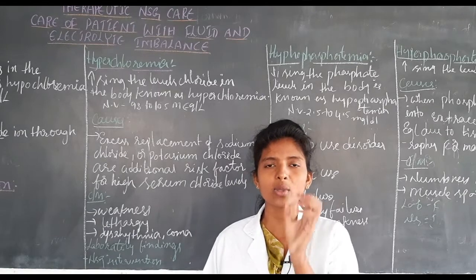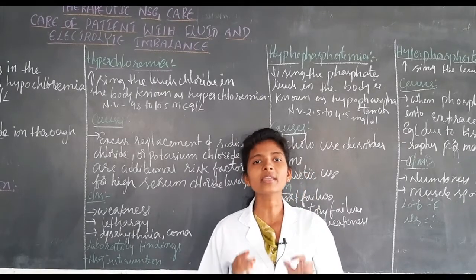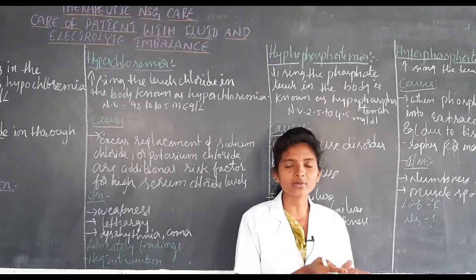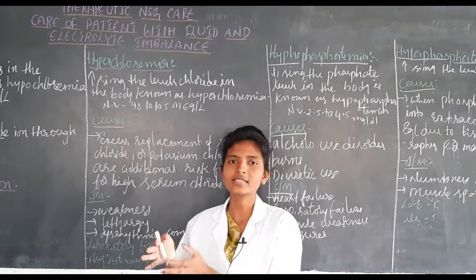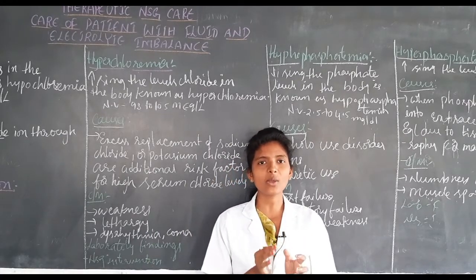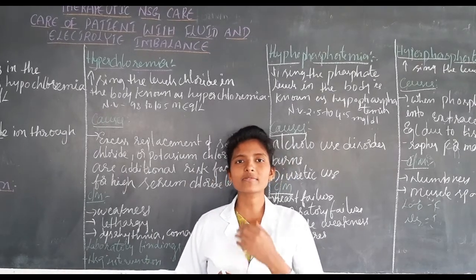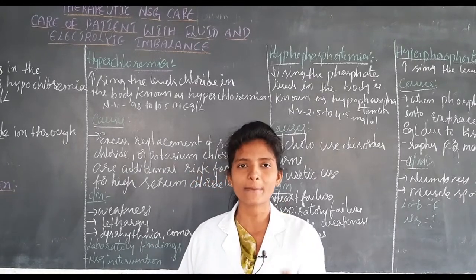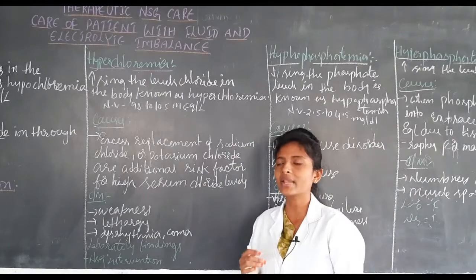We have seen what happens if the chloride levels are decreased in the body, what the condition of the patient is, which diagnosis it leads to as hypochloremia, and how they are going to treat that condition. That I have explained. So next we will see what happens if the chloride levels are increased in the body. That I will now explain.